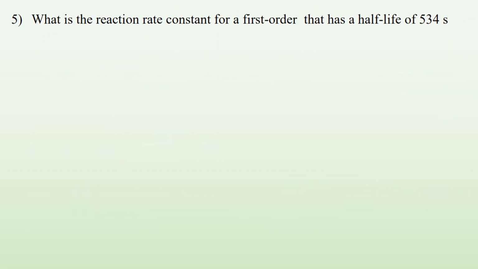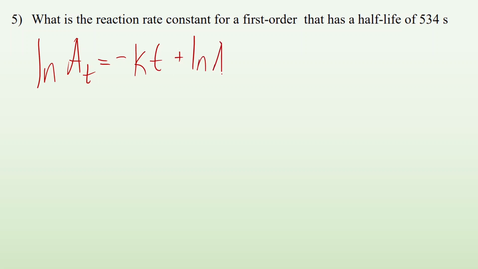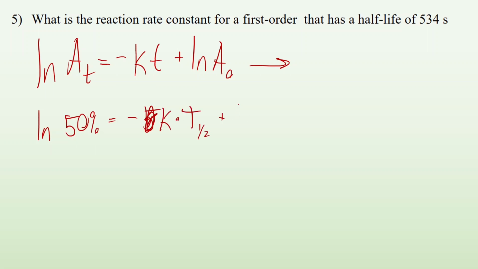All right, number 5, what is the reaction rate constant for a first order reaction that has a half-life of this? So again, if you remember the first order reaction rate equation, you can work through it. At 1 half-life, what is the reaction? Basically, we're saying ln of 50%, let's say 1 half-life went by, equals negative k times t1/2 plus the natural log of 100%.